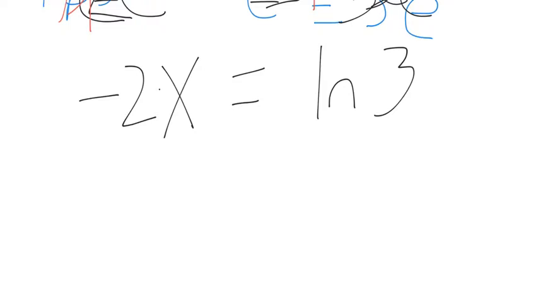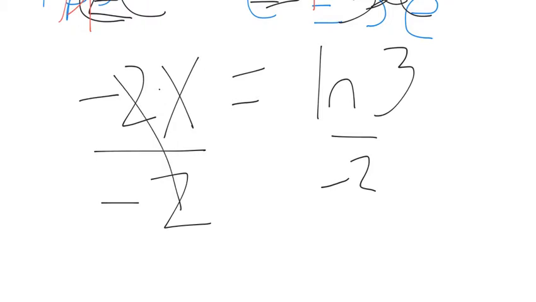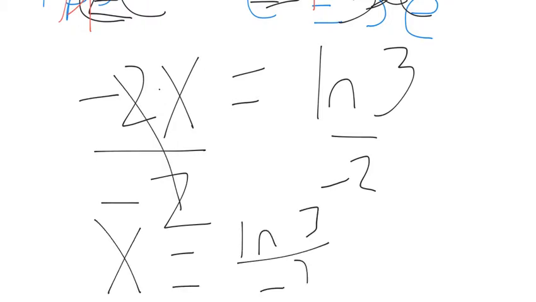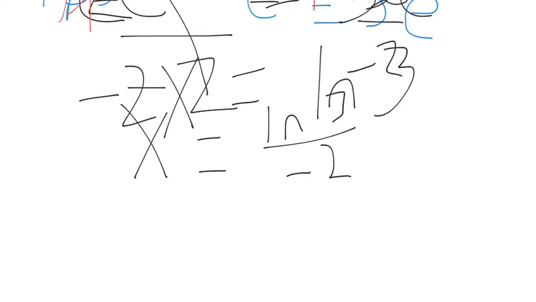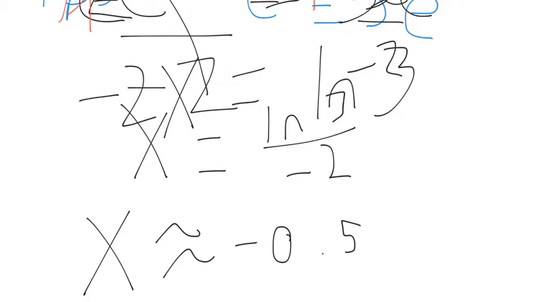Now, since we're multiplying x by negative 2, you would need to divide by negative 2. So x is equal to ln of 3 divided by negative 2, which, if you round it to 3 decimal places, x would be approximately negative 0.549.